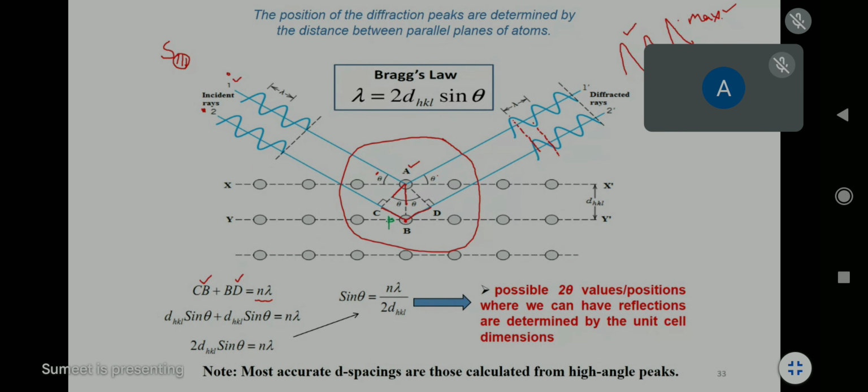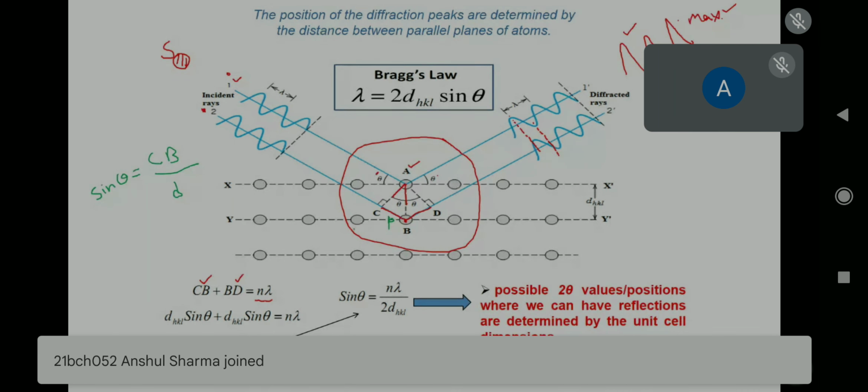So this is the d_hkl. Sine theta will be equal to CB over d_hkl, means simply sine theta is CB, the perpendicular, over the hypotenuse d_hkl.